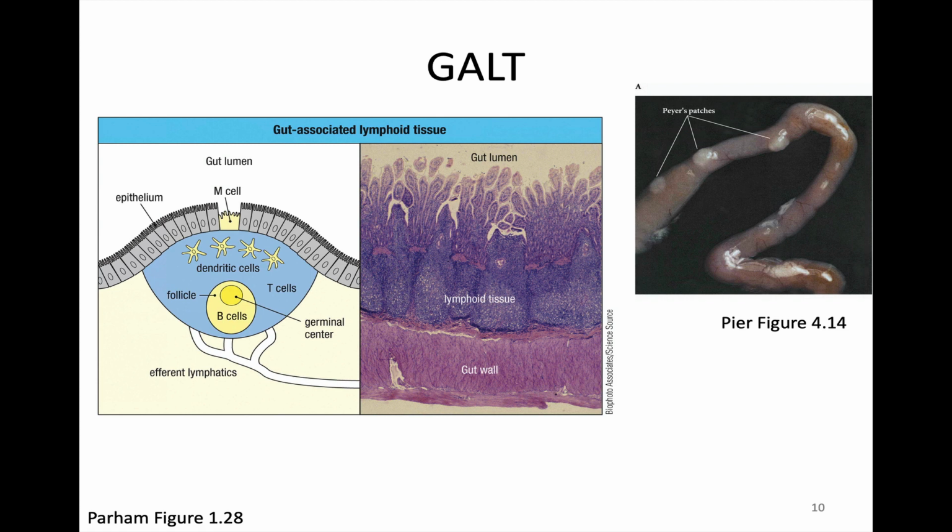One set of those mini lymph nodes is found in the gut, or GI tract, and we sometimes refer to them as gut-associated lymphoid tissue, or GALT.